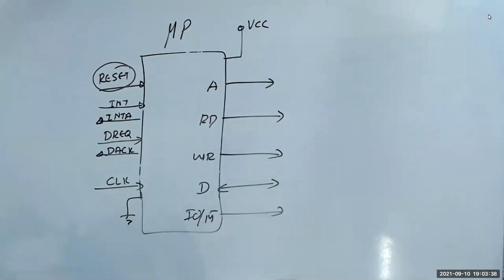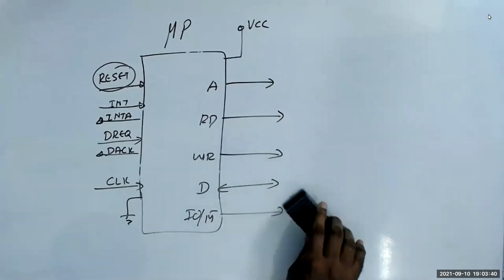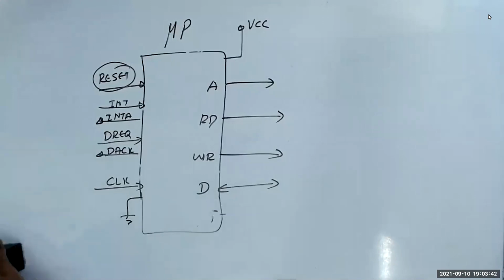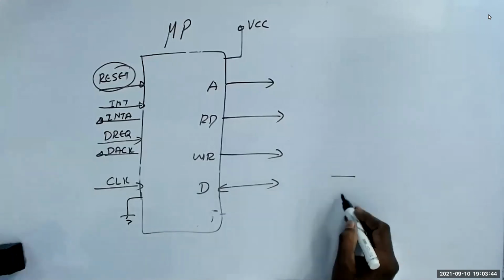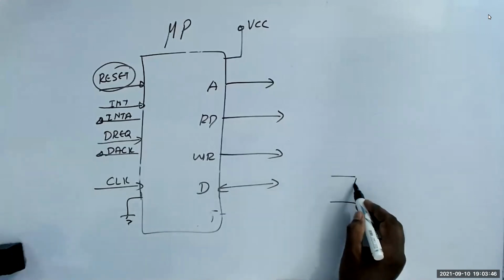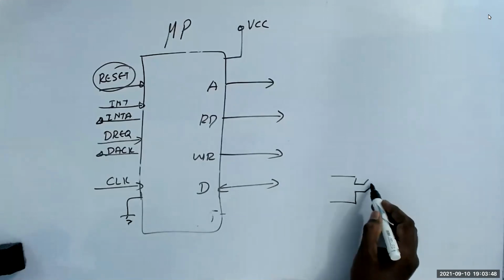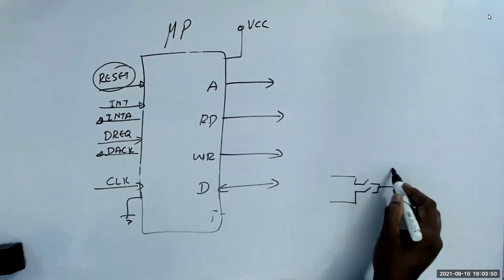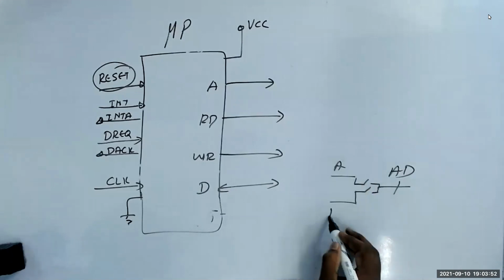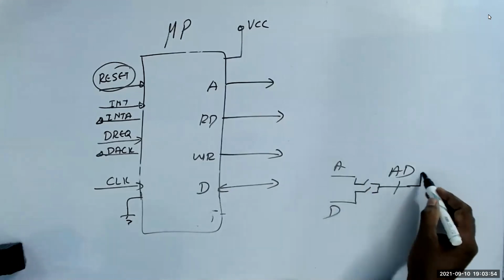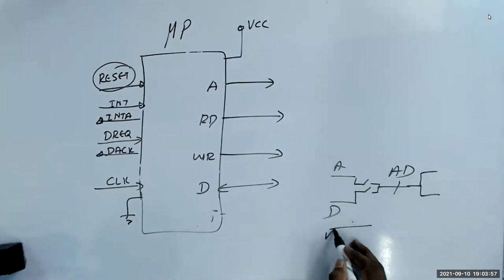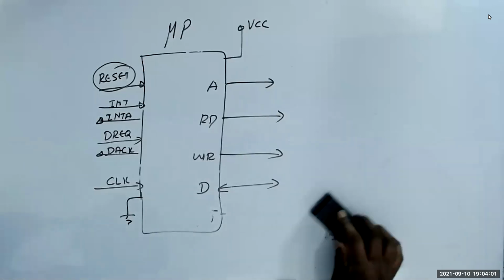There are small variations. For example, 8085 has put the address and data together, called the MUX AD bus. This is address, this is data. To separate them out, they are given a signal called ALE. So these are all small variations.